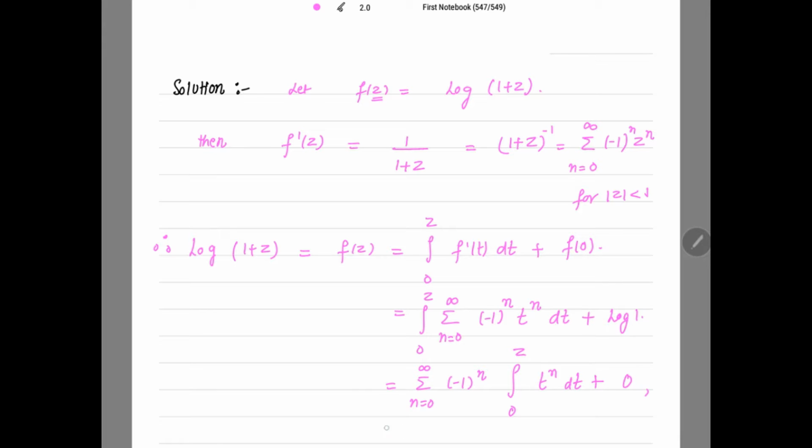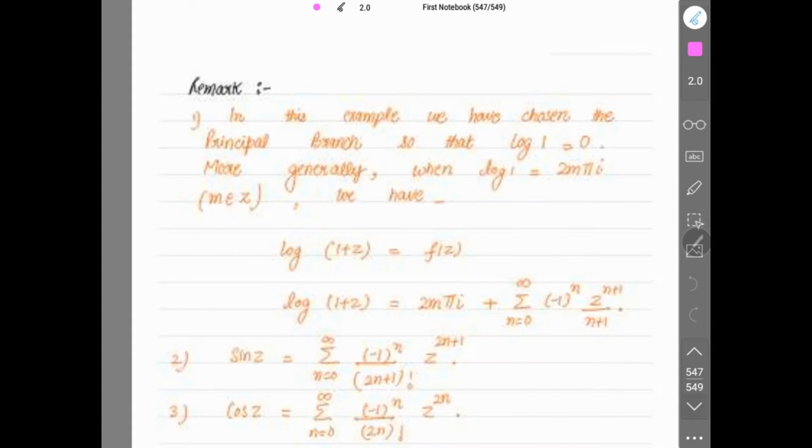So the reason is the convergence is uniform. It is uniformly convergent if you use your Weierstrass M test. So whenever you need to put summation outside, just check whether the series is uniformly convergent or not.